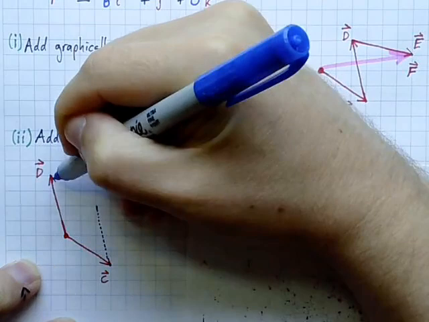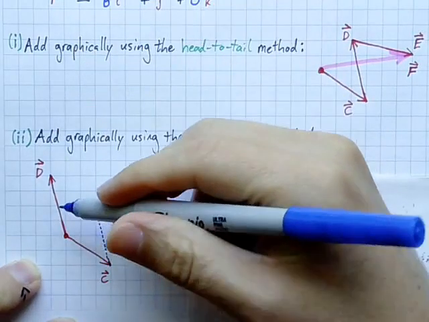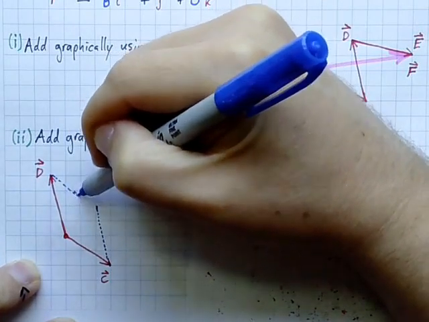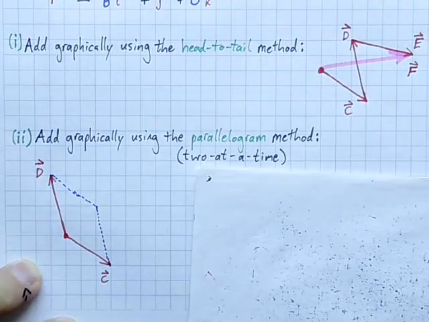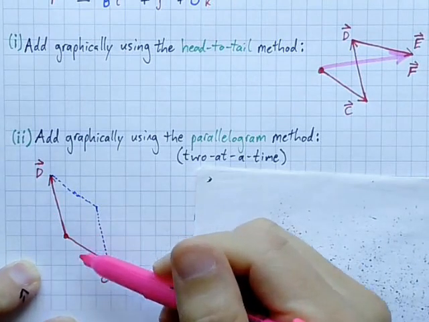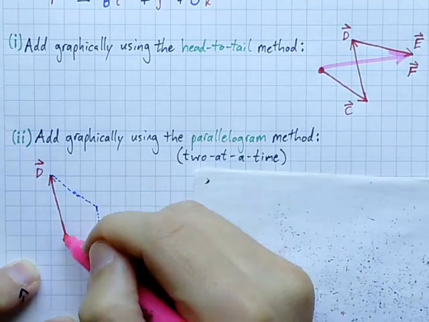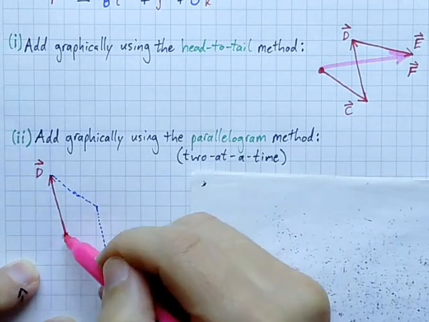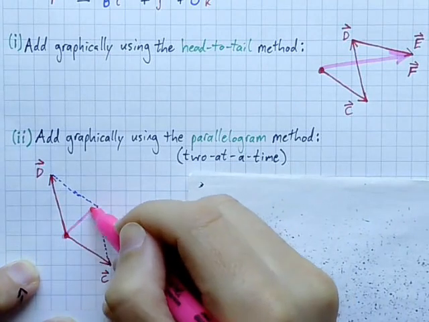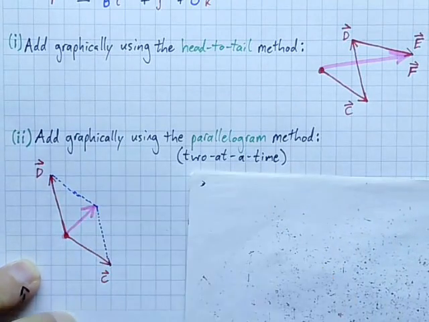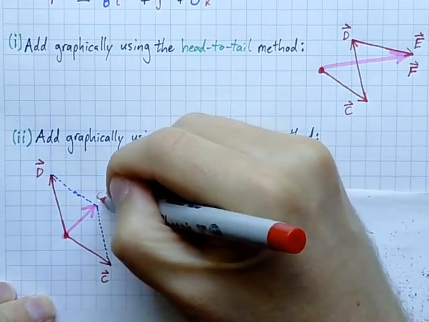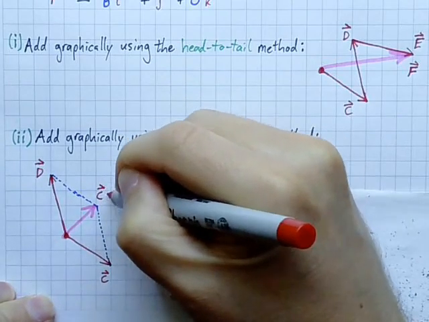So there'll be a side parallel to D, and then we'll put in a side parallel to C. So we draw that parallelogram, and then the sum of C plus D will be a new vector pointing from their tails to the opposite corner of the parallelogram.